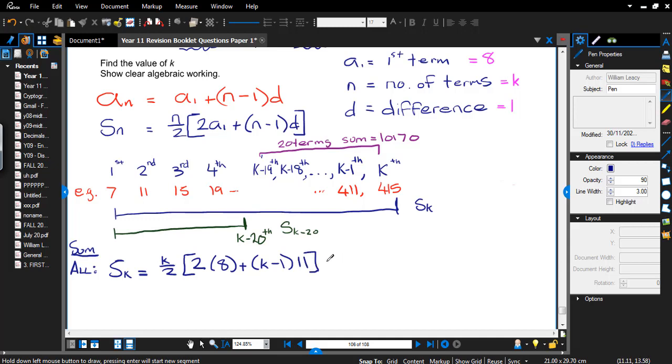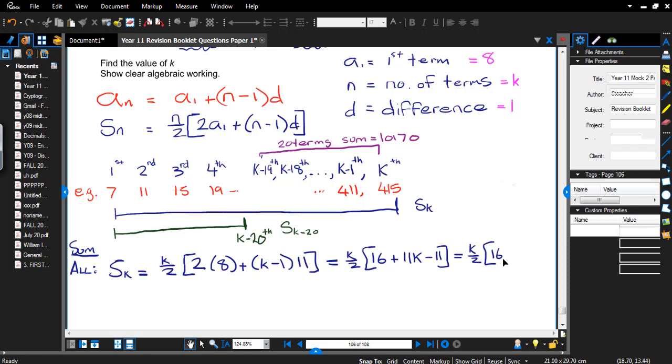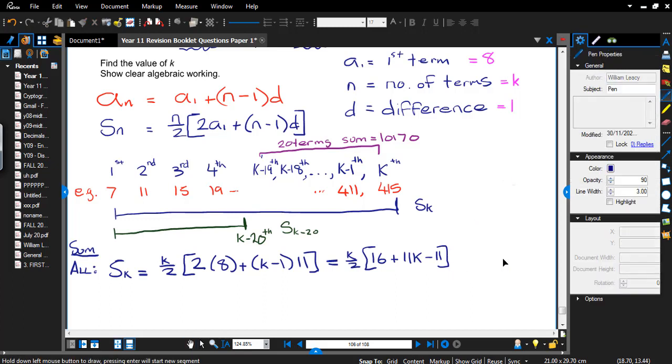Alright, so that equals k over 2 times 2 times 8 is 16 plus 11k minus 11. So that equals k over 2 times 16. Sorry, I don't need to do that again because I'm actually cleaning this up.